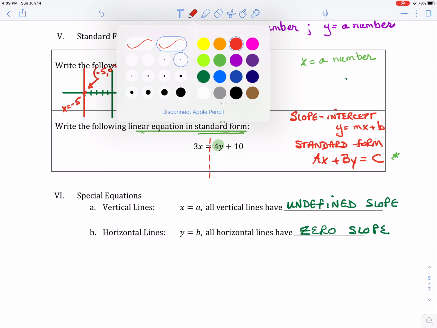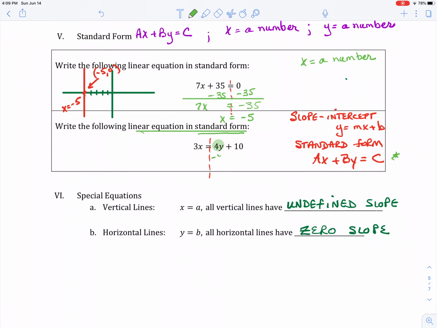So let me begin by subtracting that 4y off of the right-hand side. Now all we're doing here is manipulating the position of these terms. So now I have it in standard form. I have the 3x appearing first, I have the -4y in the middle, then the equals mark, and finally the 10. So that's what you do when you're asked to put something into standard form.